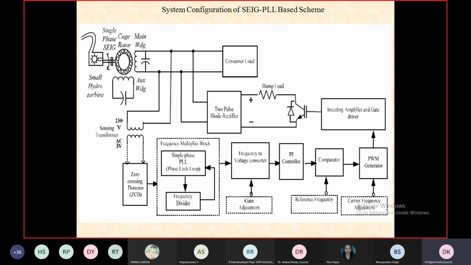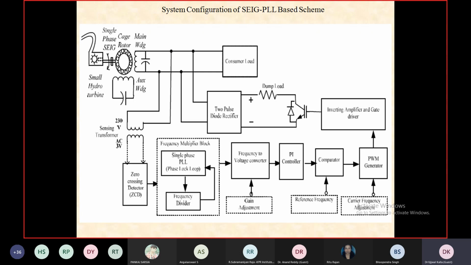The error is processed through a PI controller, and then the PWM is generated, and the dump load IGBT switches are controlled through those PWM signals. So fundamentally here we are trying to maintain a constant voltage.